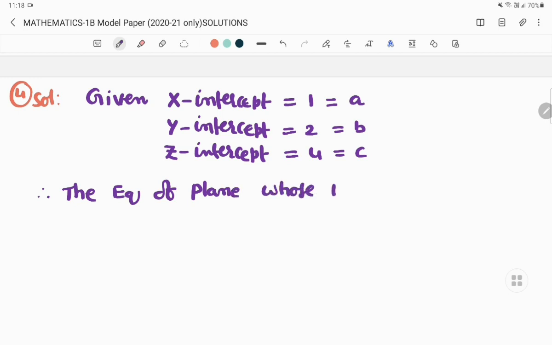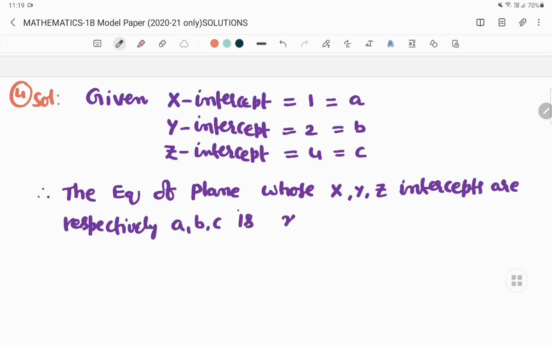After that, the equation of plane whose x, y, z intercepts are respectively a, b, c is x by a plus y by b plus z by c is equal to 1.